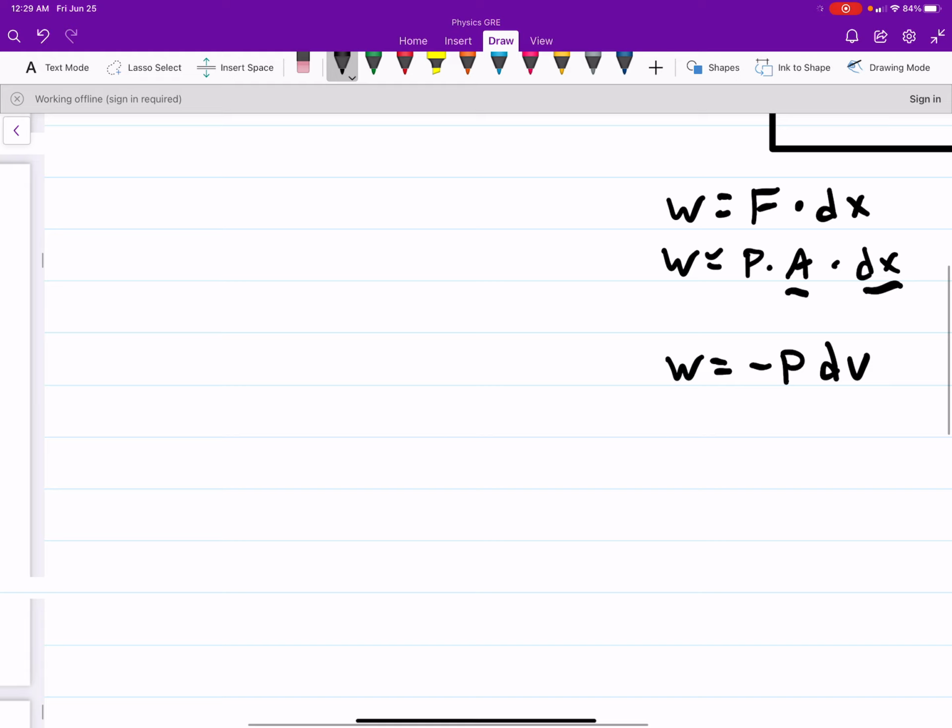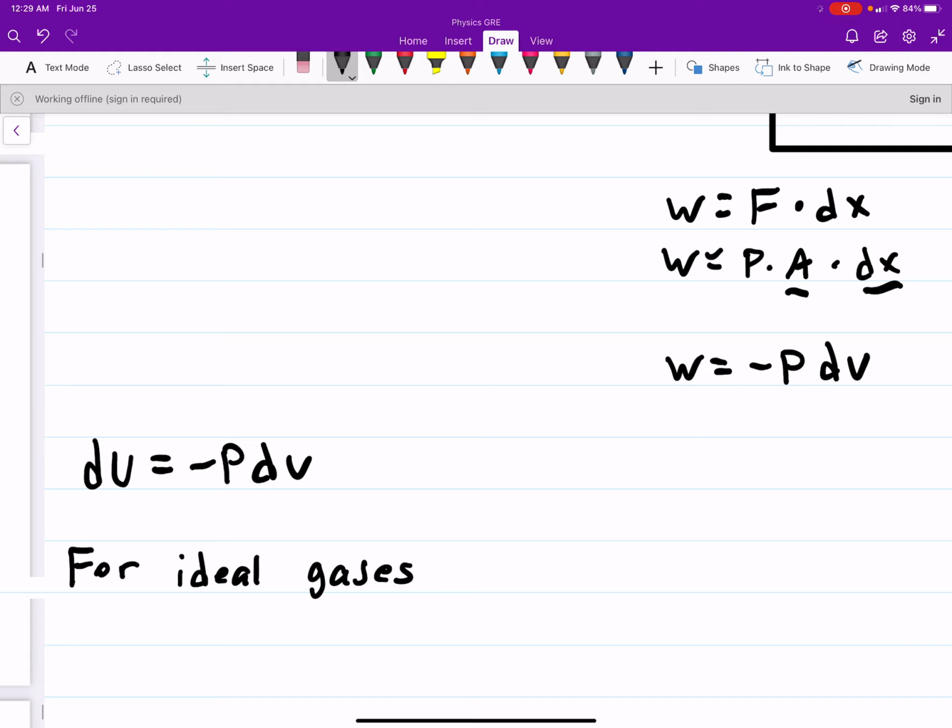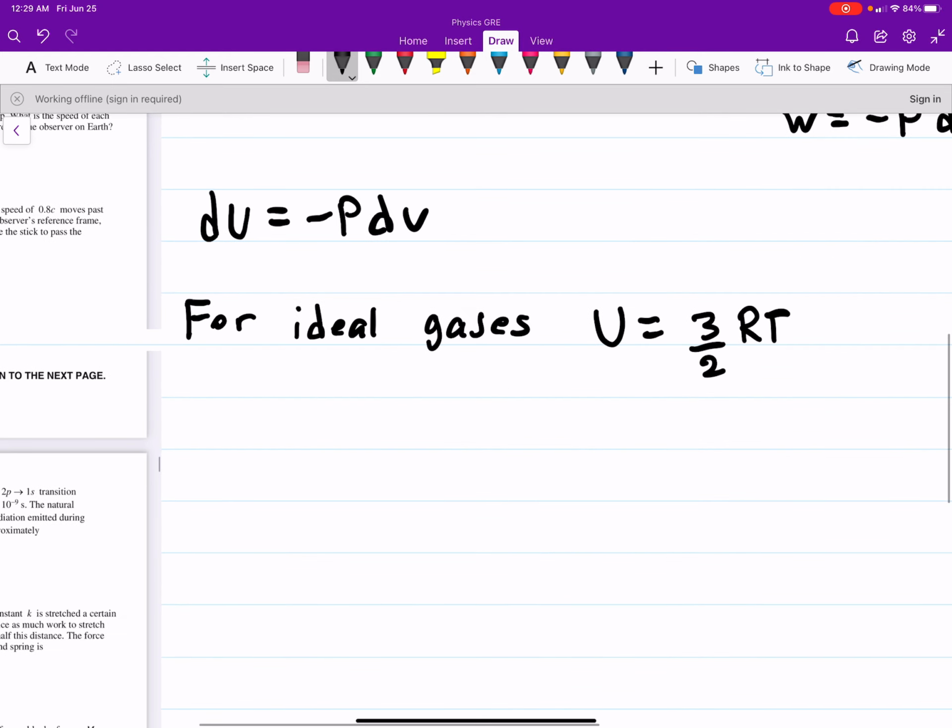So with that in mind, dU is now minus P dV. It mentions it's an ideal gas. So for ideal gases, U, your internal energy, is equal to 3/2 RT. If we take the derivative of U with respect to temperature, maintaining a constant V, that's a pretty easy derivative.